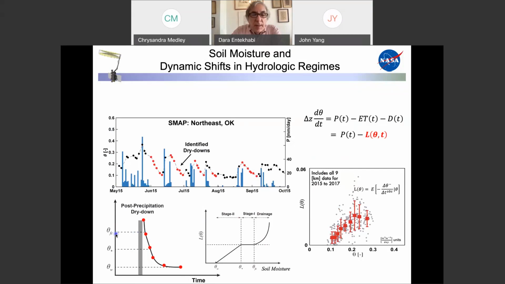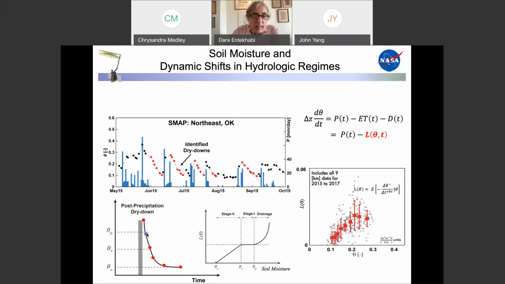So this field capacity, anything above it, it's gravity drainage, and it's quite efficient and quite fast. So you see this rapid decrease. Then once you hit field capacity, the drainage process stops. And evaporation now takes over as the dominant hydrologic process. So you have a shift in processes.